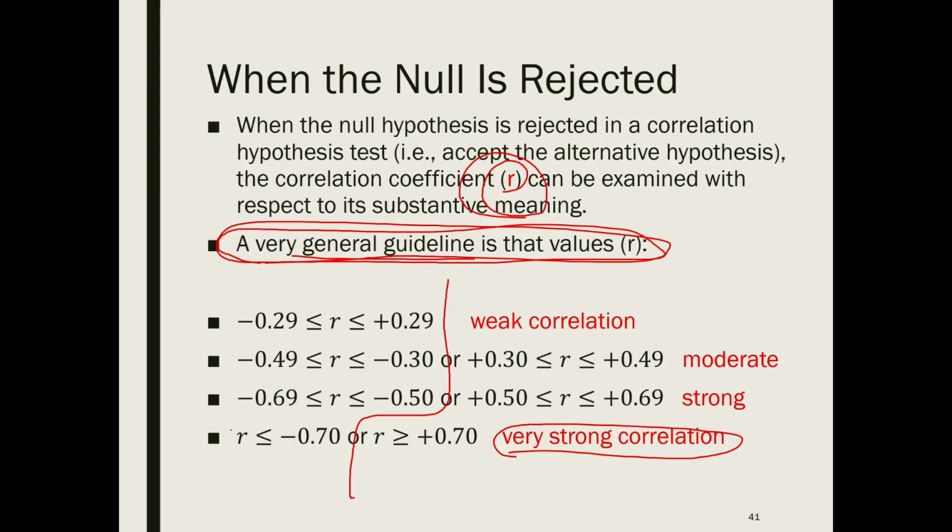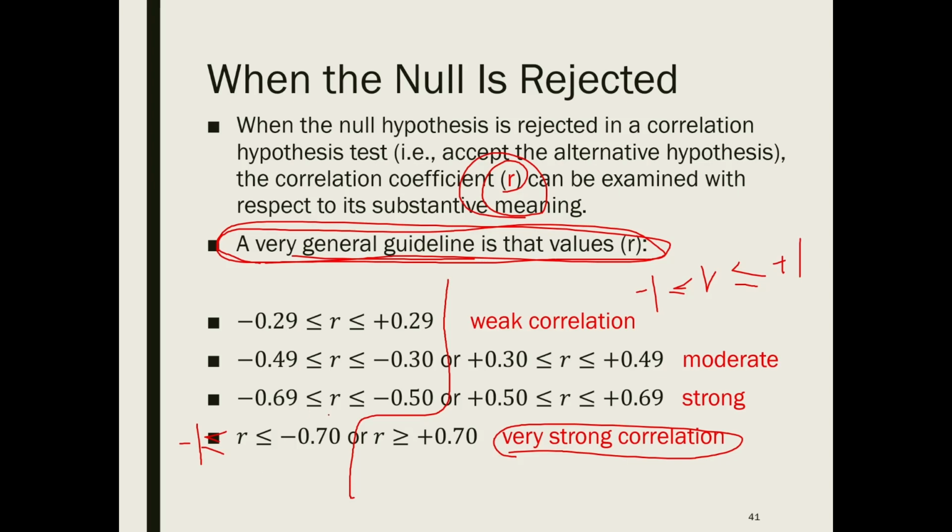But R must be from positive 1 to negative 1, so it is definitely not going to be smaller than negative 1. If you find a coefficient less than negative 1, there is a mistake in your calculation, and you have to calculate again.